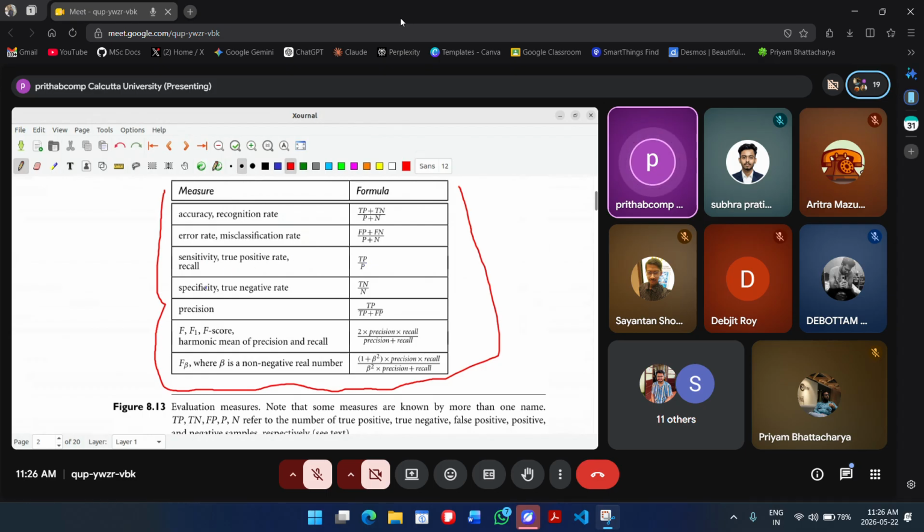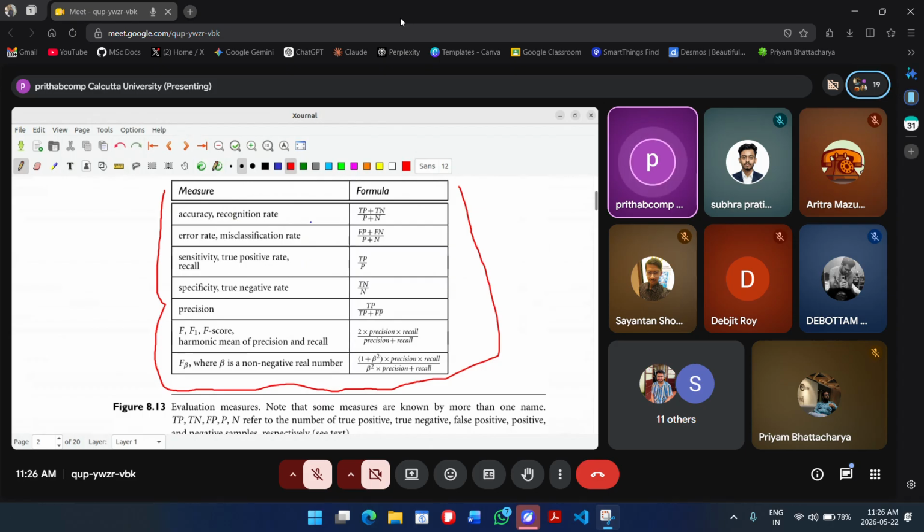So similarly, another thing is specificity or true negative rate, meaning that out of all the negatives, how many you could predict as true negative. So these are two very important measures for the overall performance of a model when you are talking about a model.